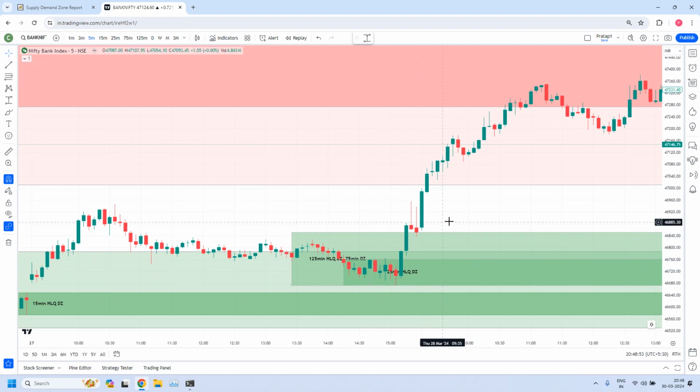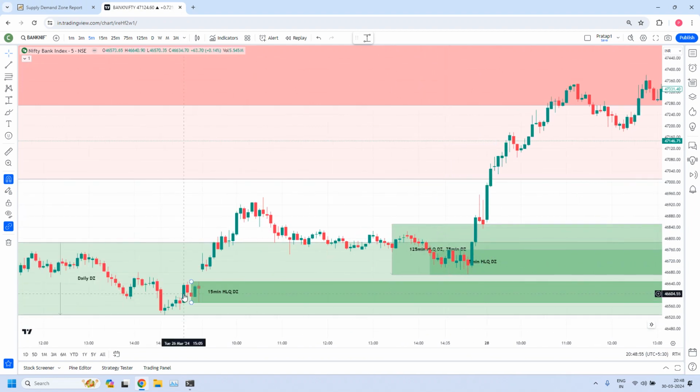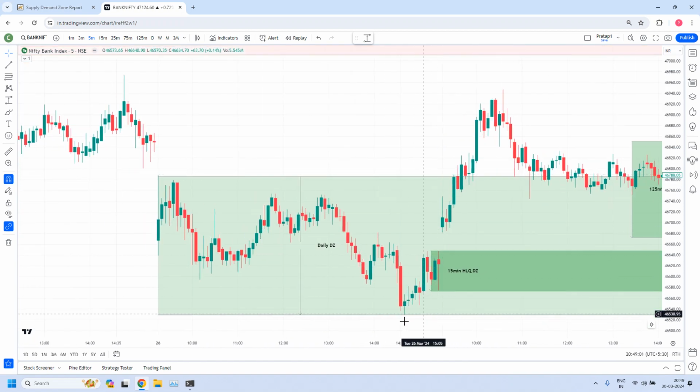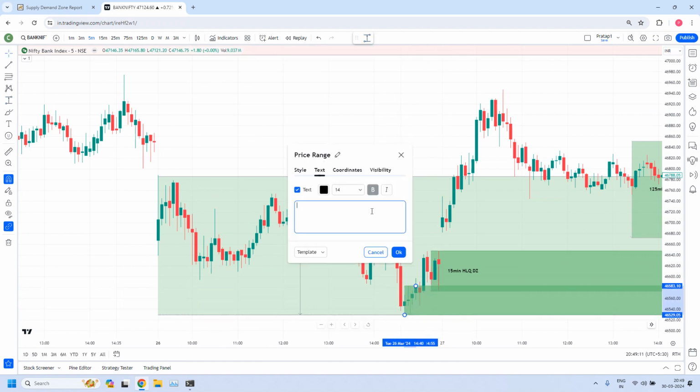This is 27. Here you have a 5 minute zone overlapped with this zone at the distal line. This is the one. This is a normal 5 minutes demand zone.